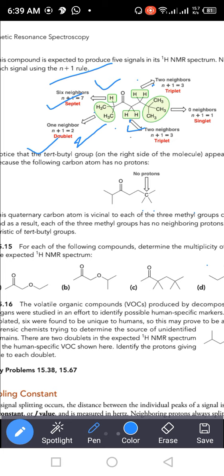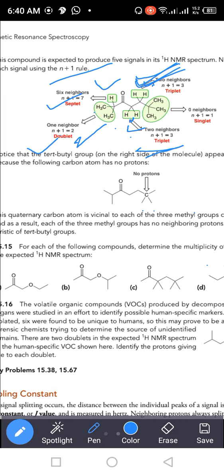Because it has 2 neighbors. The n plus 1 rule says it must be a triplet. And what about these 2 protons? Look at the neighboring protons. These 2 protons also have 2 protons as neighbors. So these 2 protons have a triplet.